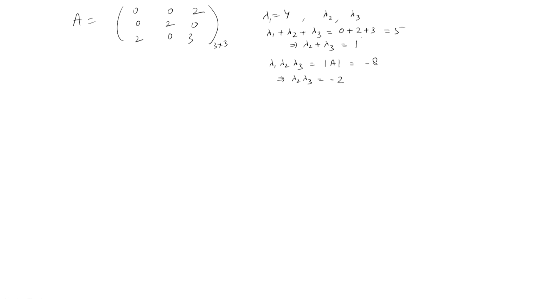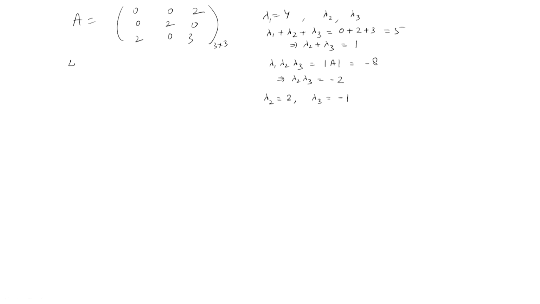Solving these two equations, we can easily find lambda 2 and lambda 3. Clearly, lambda 2 is 2 and lambda 3 is minus 1, so the sum is 1 and the product is minus 2. So, the other two eigenvalues are 2 and minus 1. Okay. So, this matrix has the eigenvalues 4, 2 and minus 1.